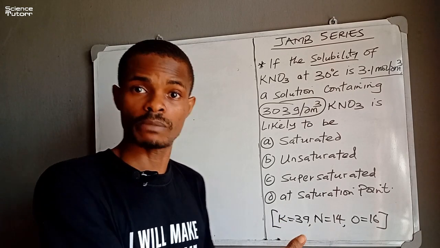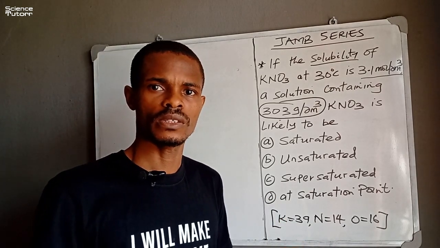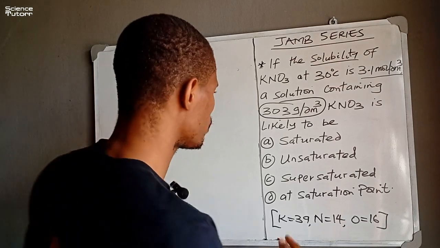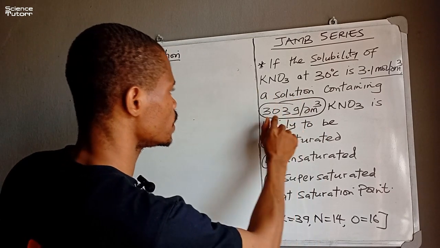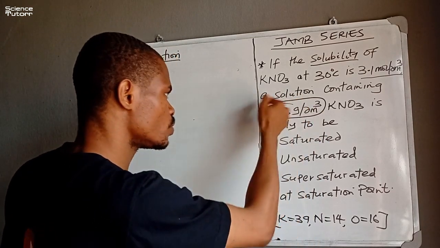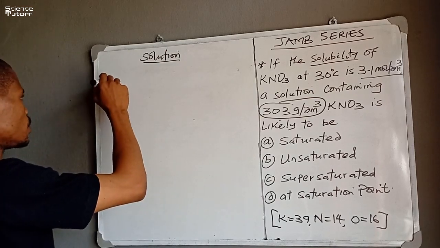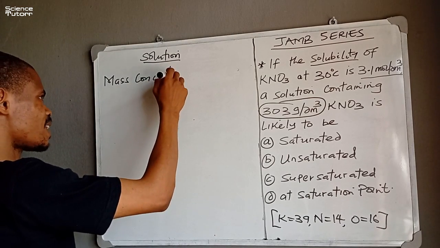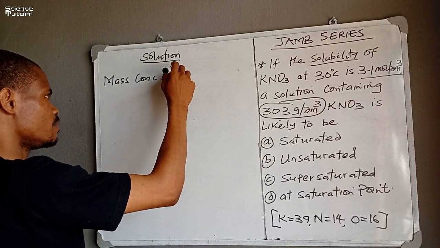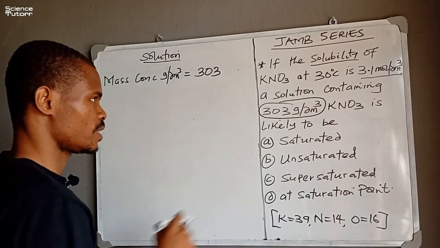So many times don't expect it, but if it is given, fine, it makes the work easy for us to solve. Now, the next thing we do, we were told the mass concentration is 303. So, the given mass concentration in grams per dm cube is equal to 303.